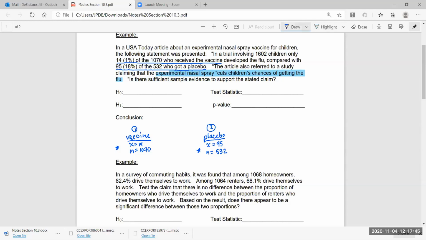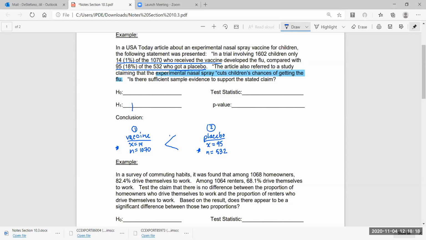So I want you to think about it. The vaccine, the kids that got the vaccine, the kids that got the placebo. We're saying that those that got the vaccine were less likely to get the flu. So we're hoping that the proportion of kids that got the flu with the vaccine is significantly lower than the proportion of kids who got the flu in the placebo.